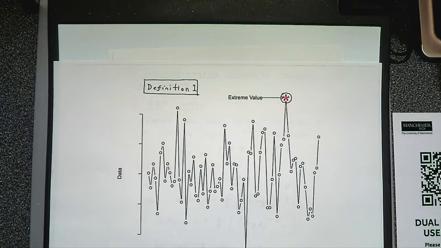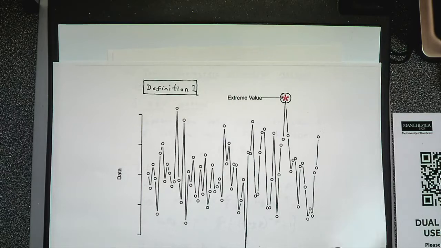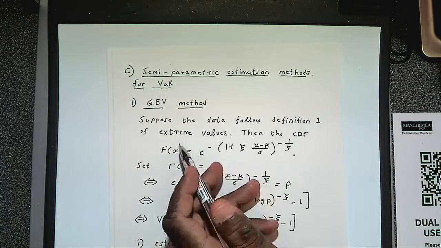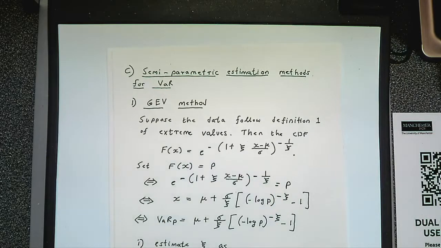If you take this picture into account, you will have 20 data points. If you have 20 years of data, you have 20 extreme values, because you pick only the largest or the smallest data point in every year. That's what I meant when I said the data follow definition 1 of extreme values.